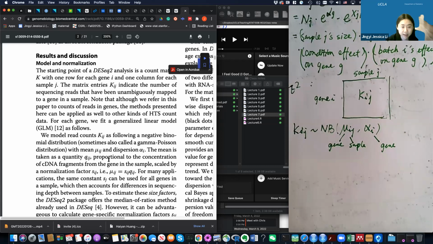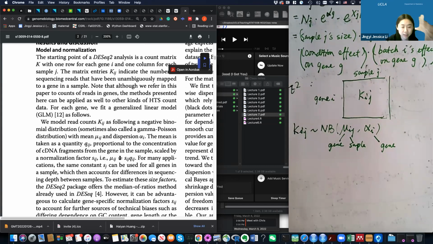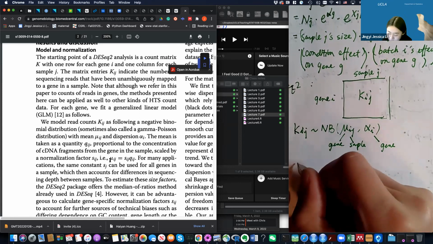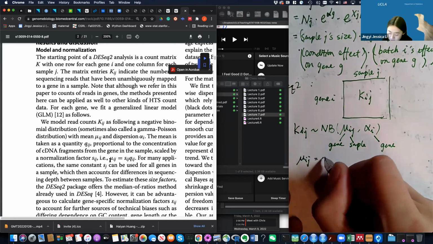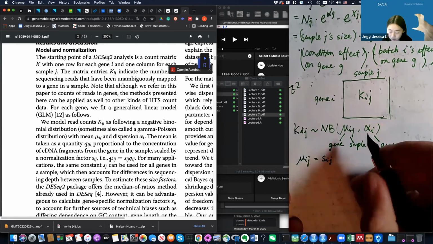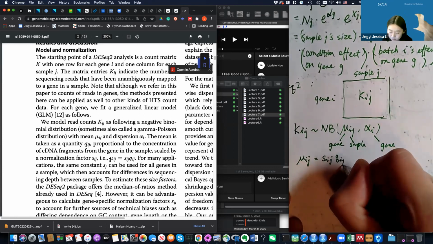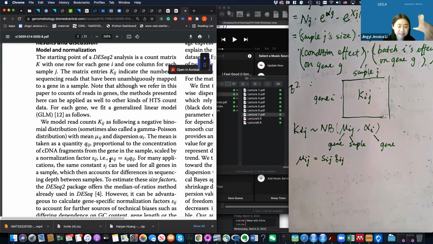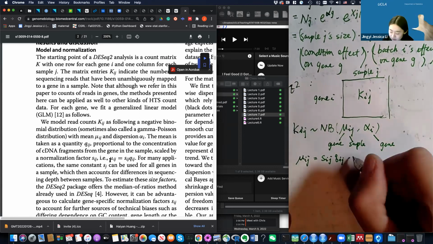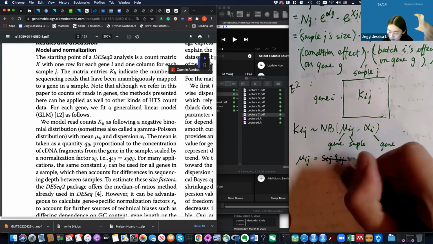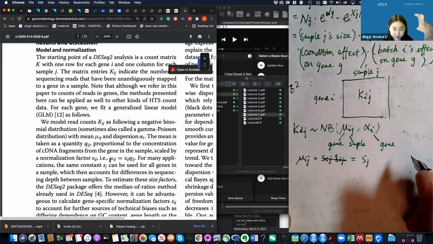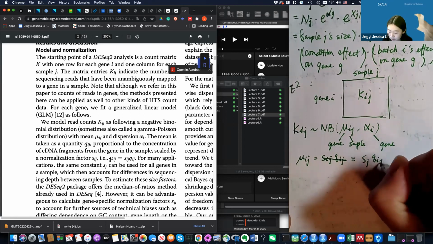Sample, there's no sample specific dispersion. Okay. And they also consider the mean to be factorized as mu ij as sij times qij. For simplicity, they actually assume this sij, maybe I just forget about this, look at sj times qij. Okay, this is better.